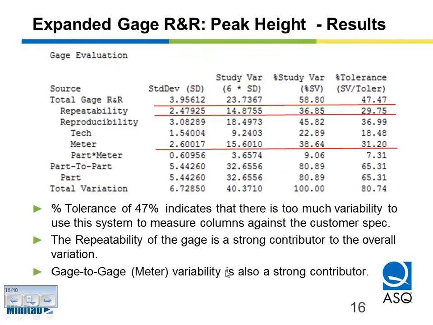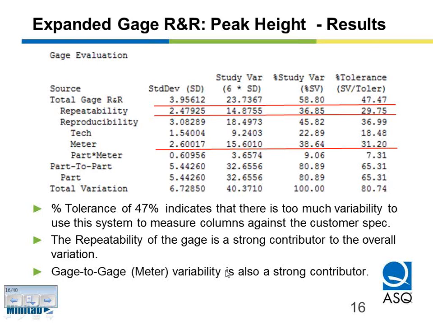They were able to determine, number 1, that the percent tolerance for their measurement system was way out of line with what we would consider a good system, way above the 30% benchmark that we say a good measurement system must be less than.